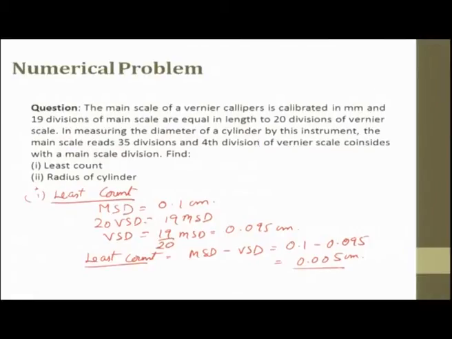So, now let us find the radius of the cylinder. Here the main scale reading is 35 millimeter, which is 3.5 centimeter, because I am trying to make it a uniform standard.